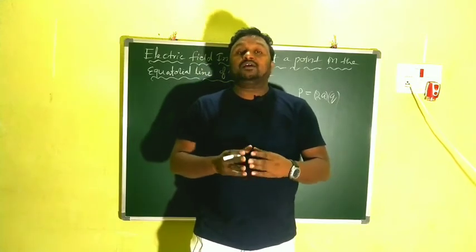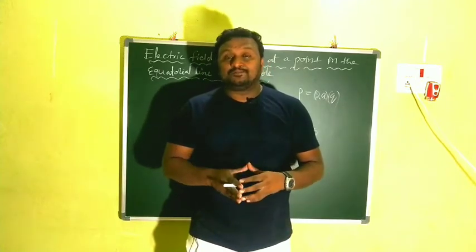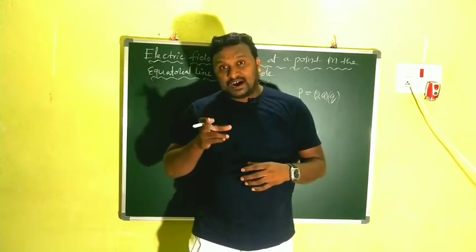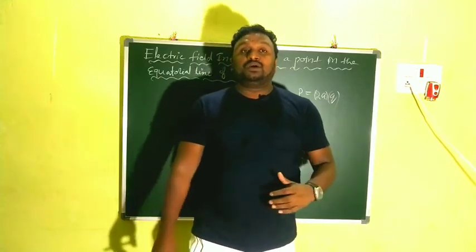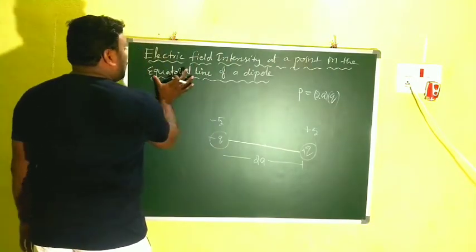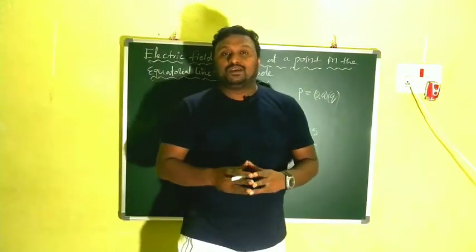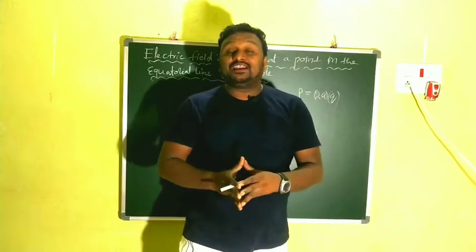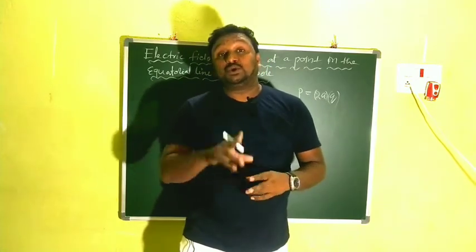Clear? Now in the previous video we discussed the axial line. What is meant by the axial line? The horizontal line that passes through the two charges is called the axial line. Now here we are talking about the electric field intensity at a point on the equatorial line. What is meant by the equatorial line? The equatorial line is a vertical line that is perpendicular to the axial line and divides the axial line into two equal parts.